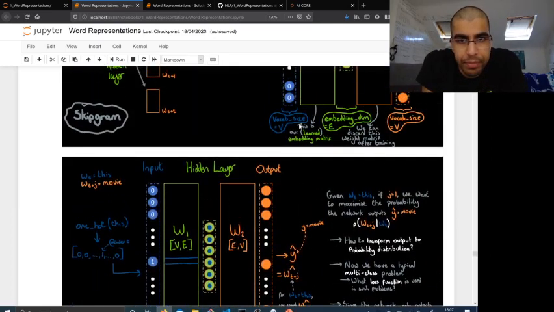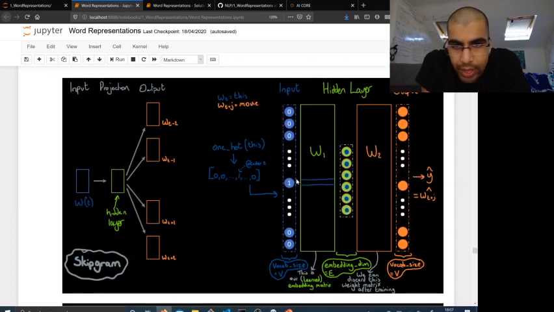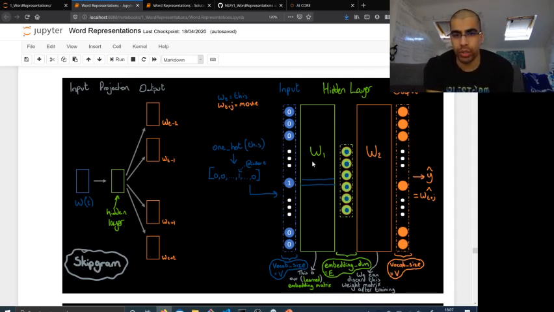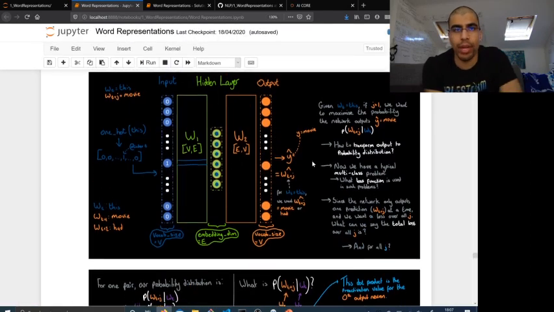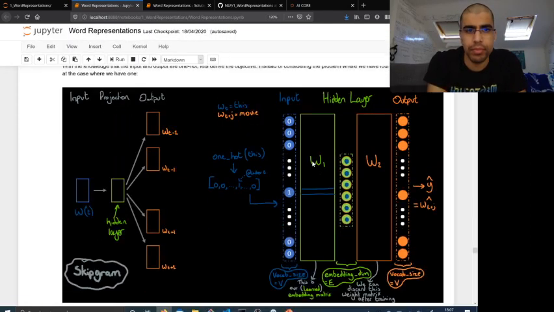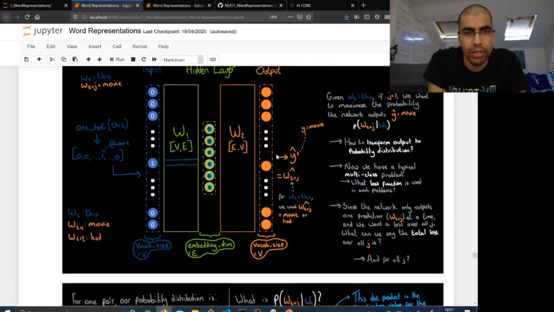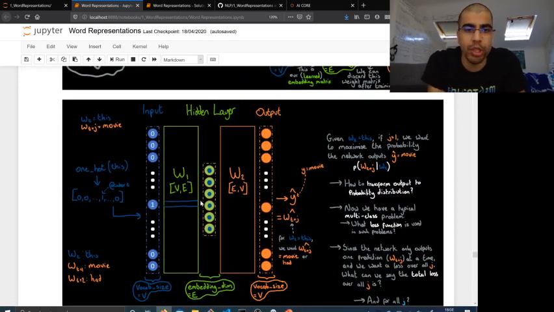Just to run through this diagram in a bit more detail: we have a 1 where the word "this" appears, and what this means is that in our weight matrix, which is vocab size times embedding dim, we extract out that vector. Because it's a one hot multiplied against a vocabulary size, all we're doing is extracting the vector where it's a 1.